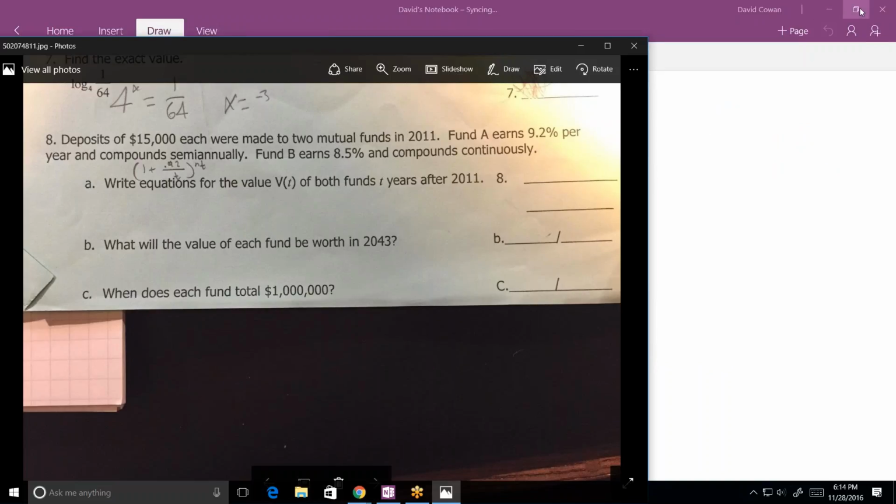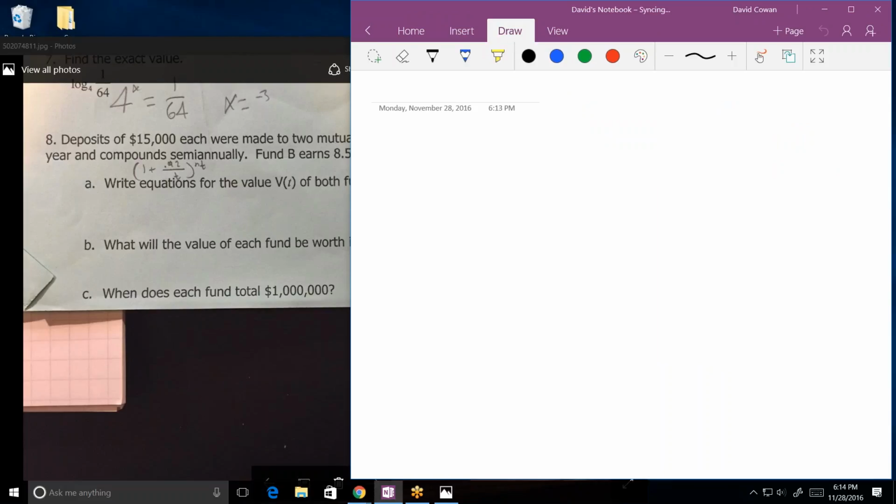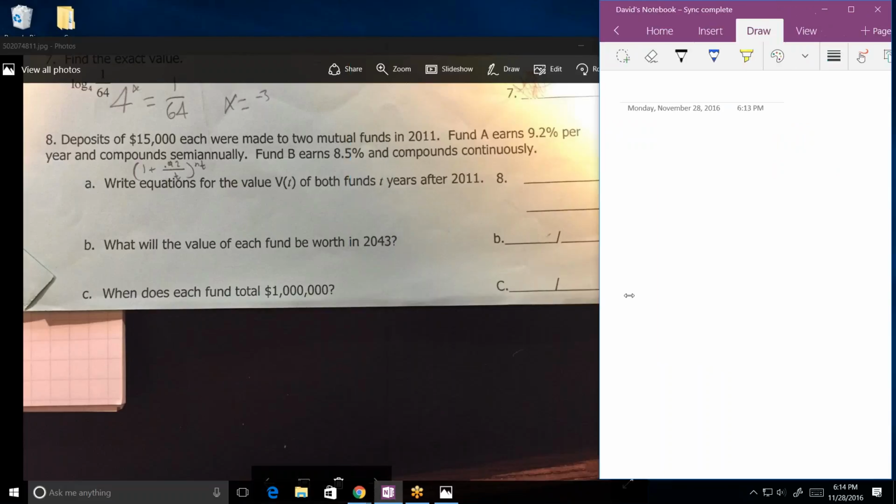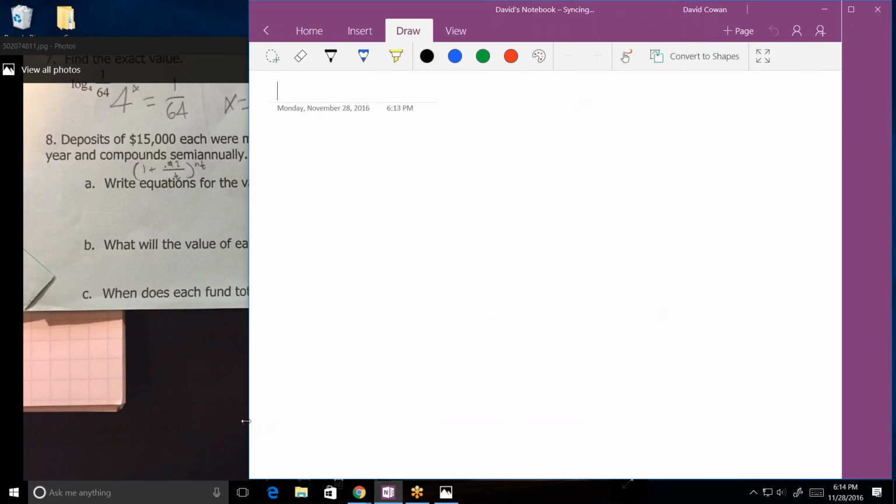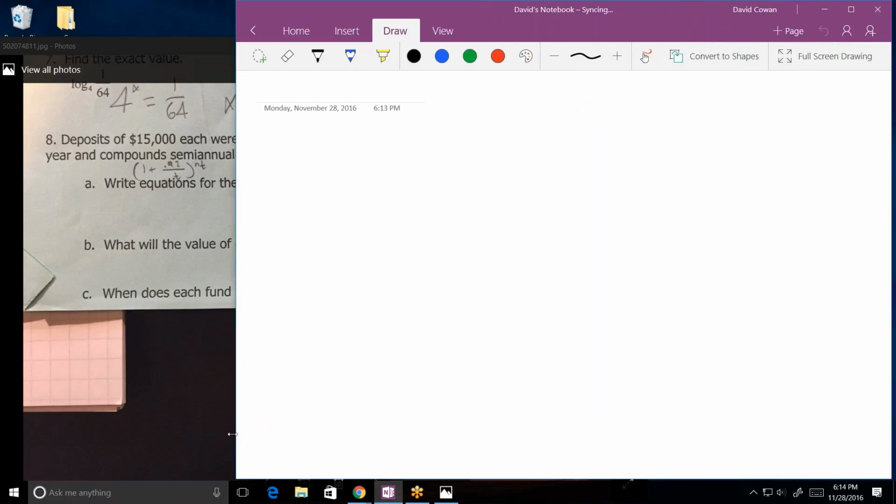All right, what do we got here? All right. Let's talk about the three different equations. Exponential growth and exponential decay.